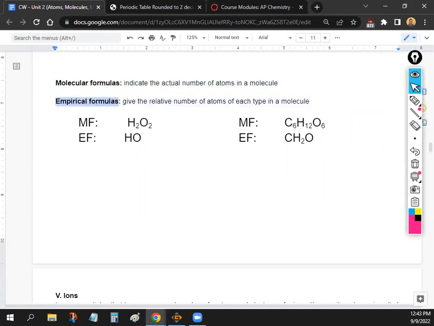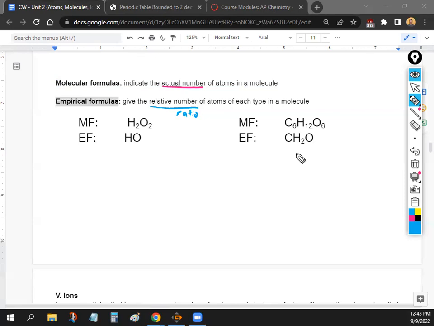I want you guys to note the difference right here. Molecular formulas are talking about the actual number of atoms. On the other hand, empirical formulas give you the relative number. In other words, they give you the ratio of atoms inside a molecule. Empirical formulas are used most in experiments, and when we do a couple labs in the future, we will have to use empirical formulas.